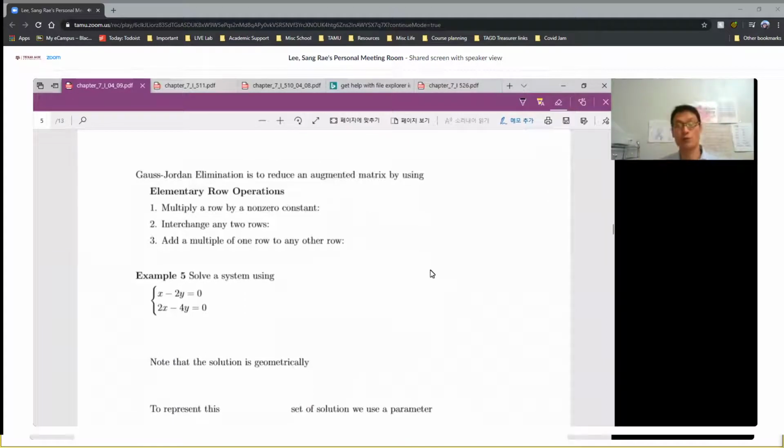Okay, so now that our discussion is all about writing our calculation in a short and simple way, let's use notation. So elementary row operations, we can apply 3 operations. Here is the notation.